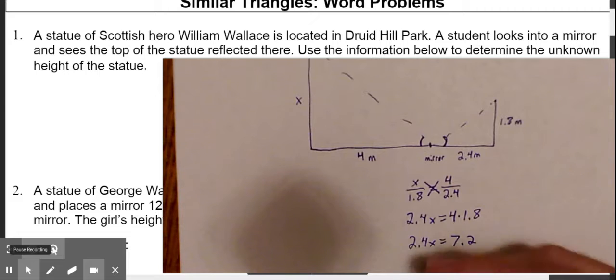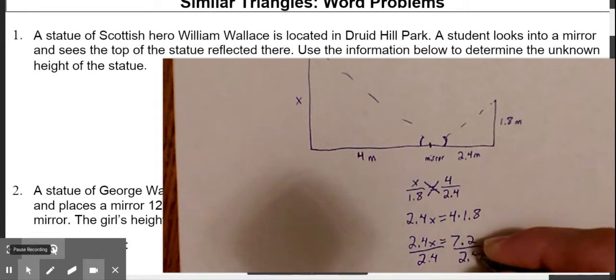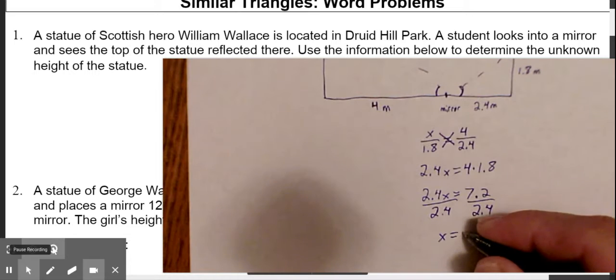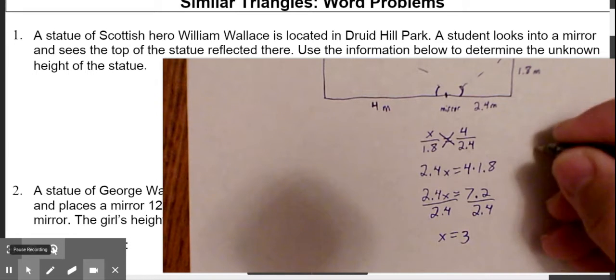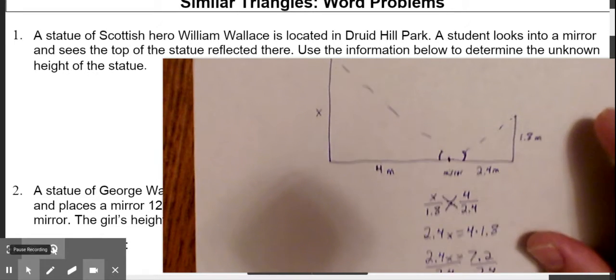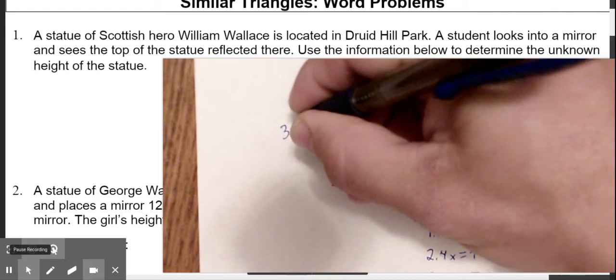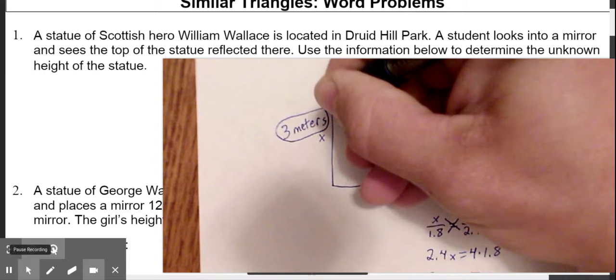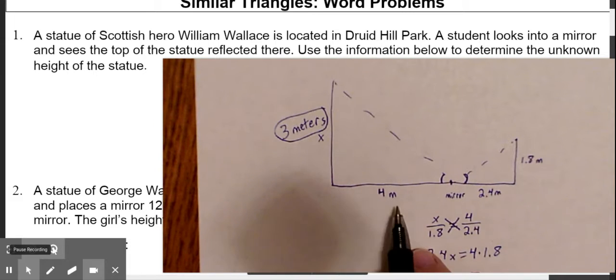And then I'll divide by 2.4 and get x equal to 3. Sorry, I ran off the screen there. So 3 meters is my final answer for the height of the statue, which proportionally 3 to 4, 1.8 to 2.4 seems pretty in line.